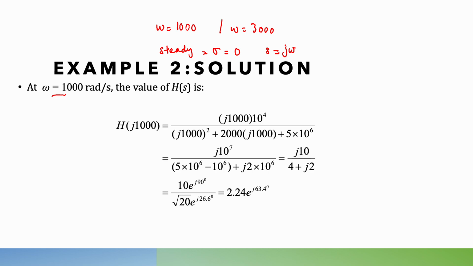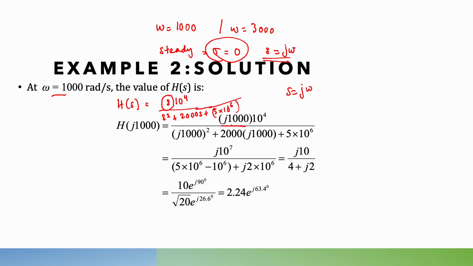Just now we had H(s) equals s times 10 to the power of 4, divided by s cubed plus 2000 s plus 5 times 10 to the power of 6. So this is the question. Since we assume steady state, sigma is 0, so s equals j omega. We need to replace all the values of s with j omega.